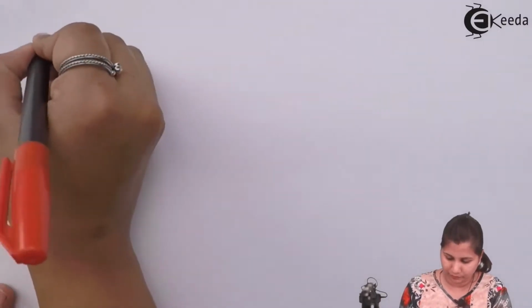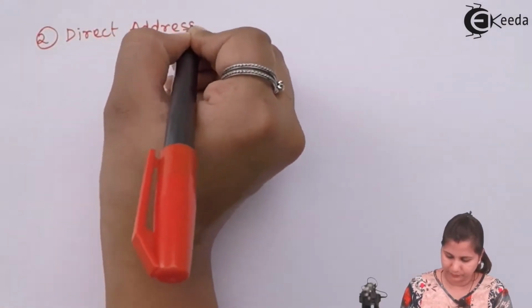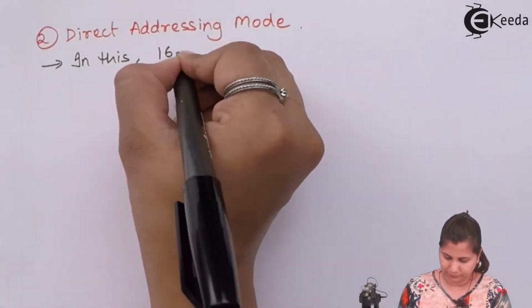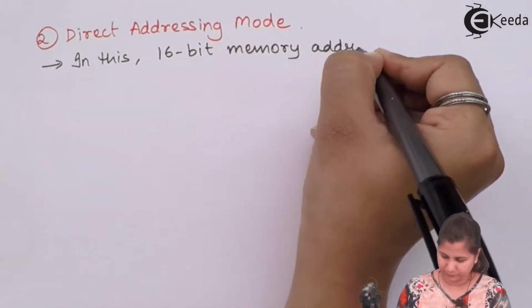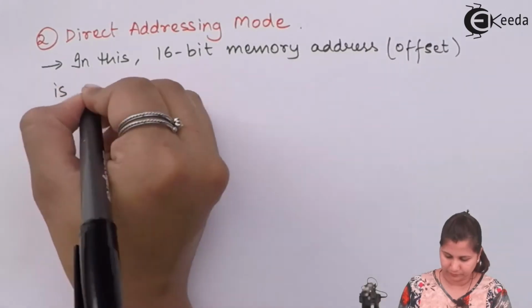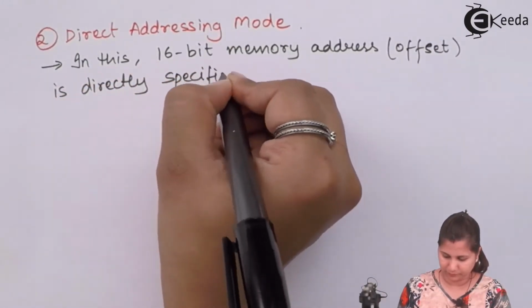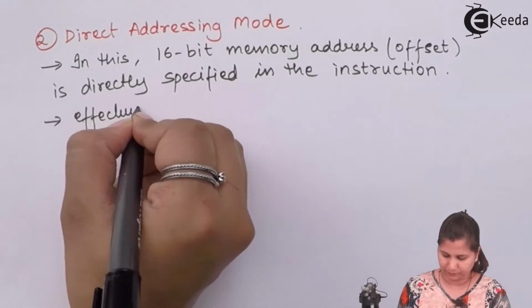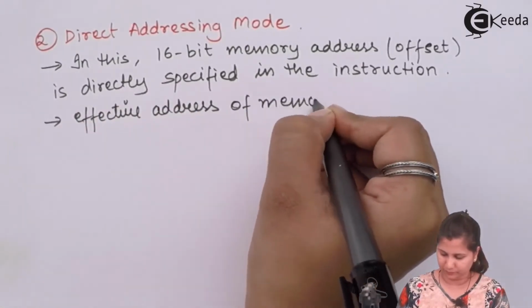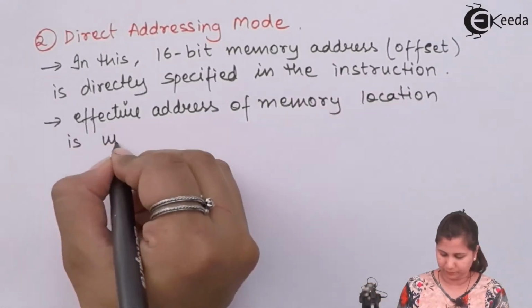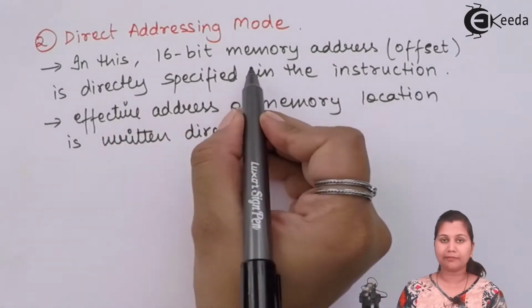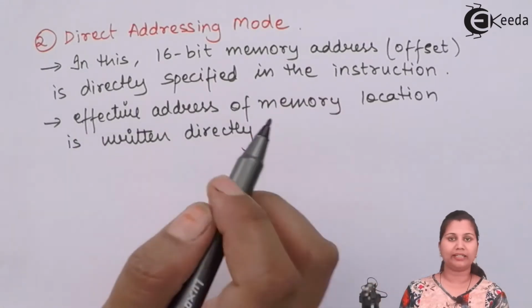Second, we have the direct addressing mode. In the direct addressing mode, the 16-bit memory address is directly specified in the instruction.